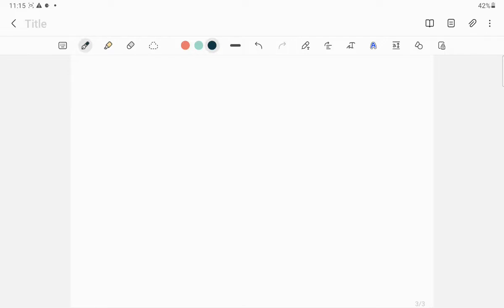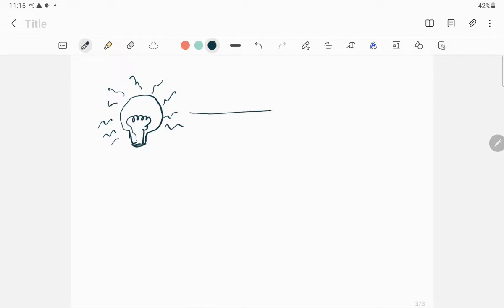So suppose that you have a bulb, and light is coming in all directions like this. Since the light emitted by the bulb is usually unpolarized, how will it look?